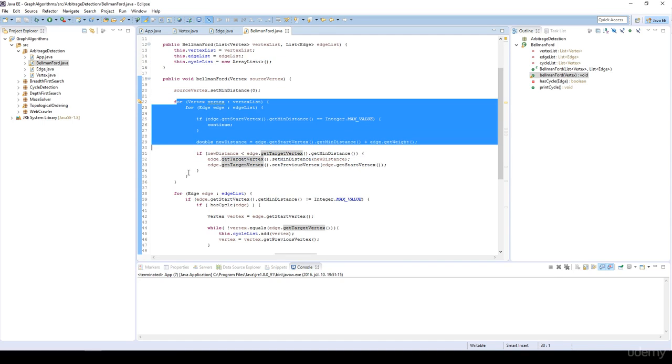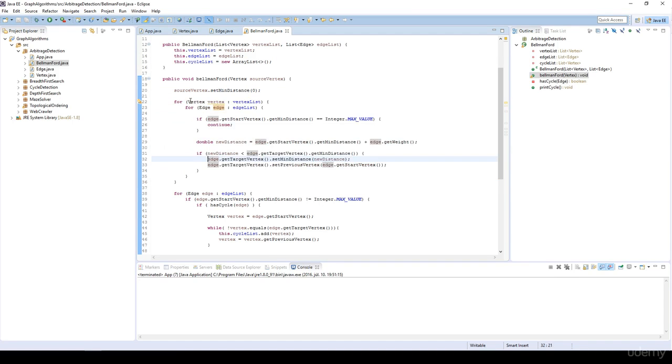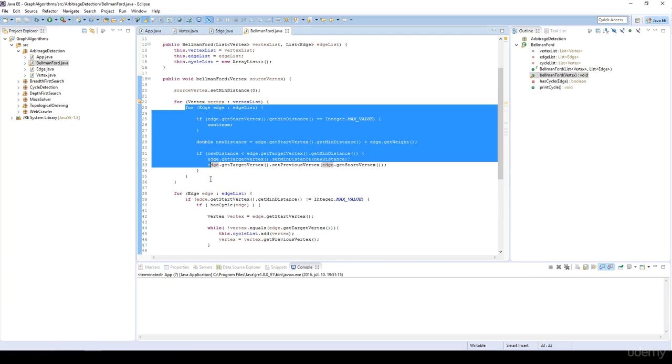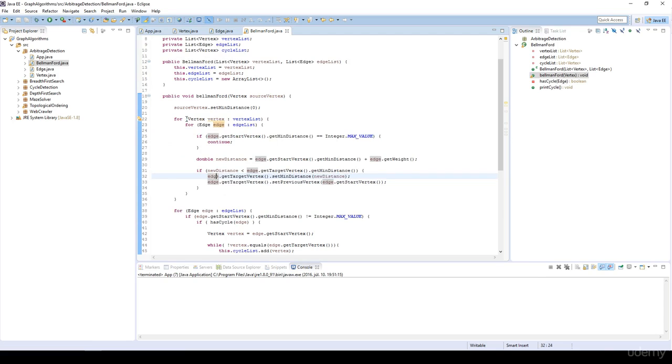Then we iterate through all the vertices, and basically on every iteration we are going to relax all the edges. By the way, we don't have to iterate that many times.